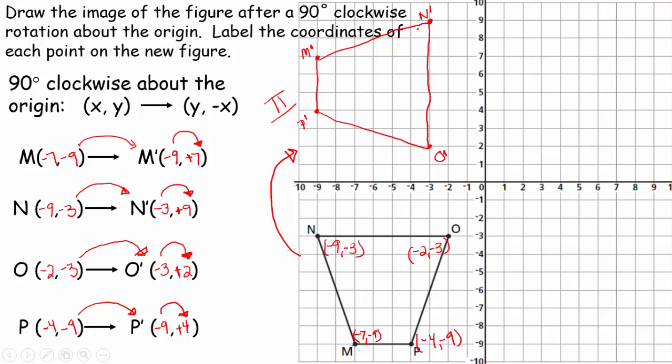Okay, let's take a look at this figure. Did it end up where we thought it was going to end up? It did. Did we follow the directions? It says label the coordinates of each point on the new figure. Well, let's go ahead and do that. M prime is at -9, 7. N prime is at -3, 9.